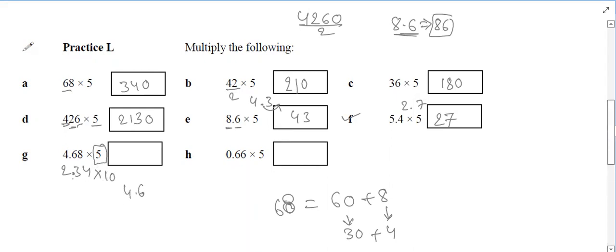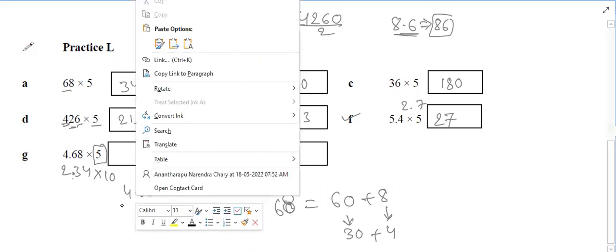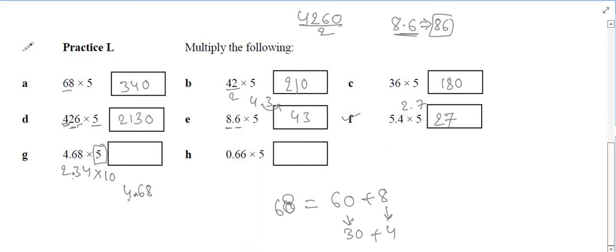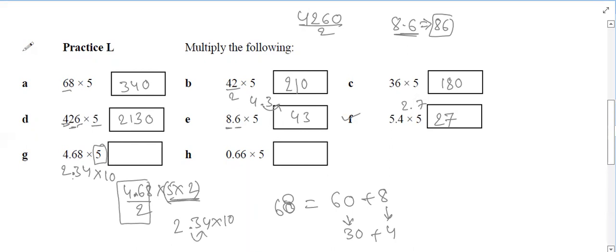The actual procedure behind this idea is 4.68 into 5 into 2 divided by 2, and this becomes 10. So 4.68 divided by 2, you just told that as 2.34. What about this number 10? We simply have to shift the decimal place one position to the right, to 23.4. Yes, it is 23.4.